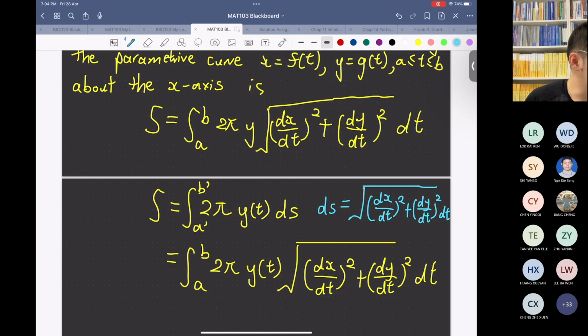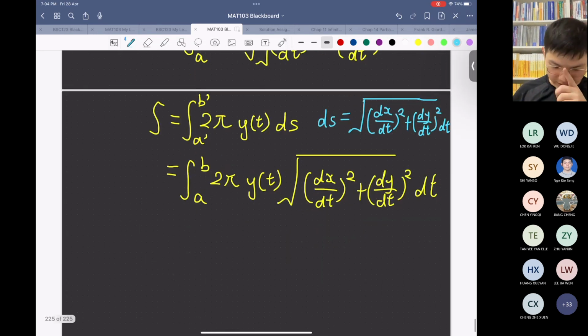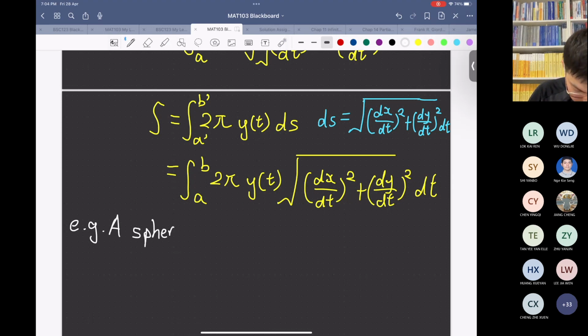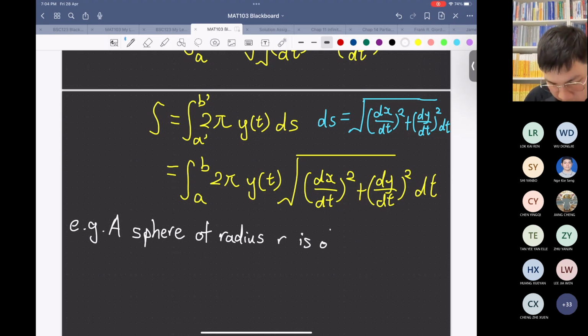Okay, so let's put this into practice. Let's put this into an example. Let's talk about the surface area of a sphere. How do you make a sphere? A hemisphere is enough to make a sphere by revolving it about the x-axis.